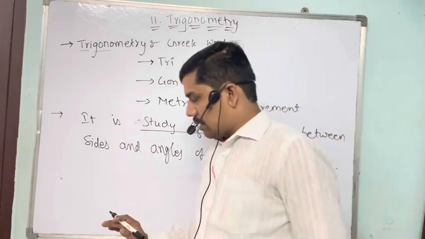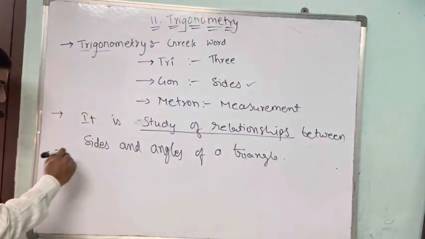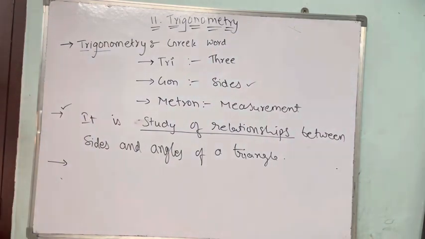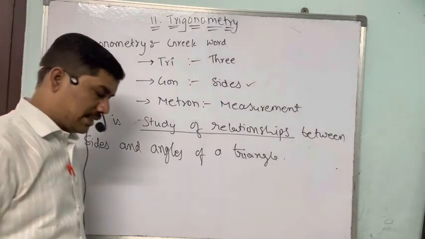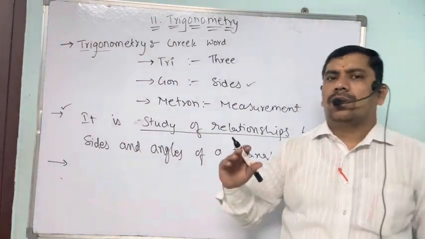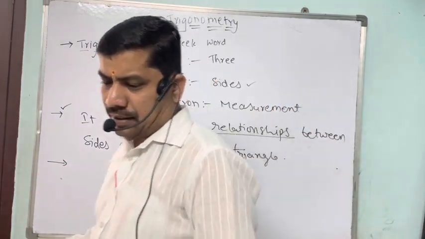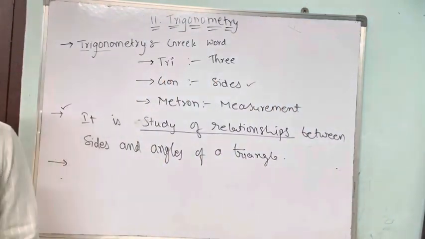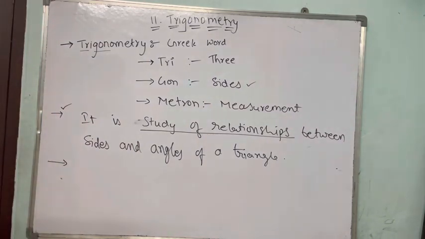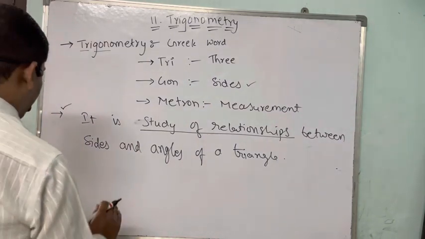Okay? Let us see now one more point. After that we'll discuss this point with certain examples. See here. Now, in this chapter, we are going to deal only with the right angle triangle. Right.